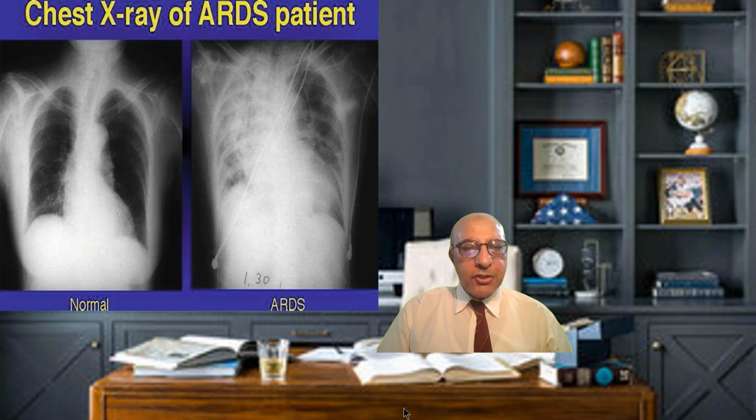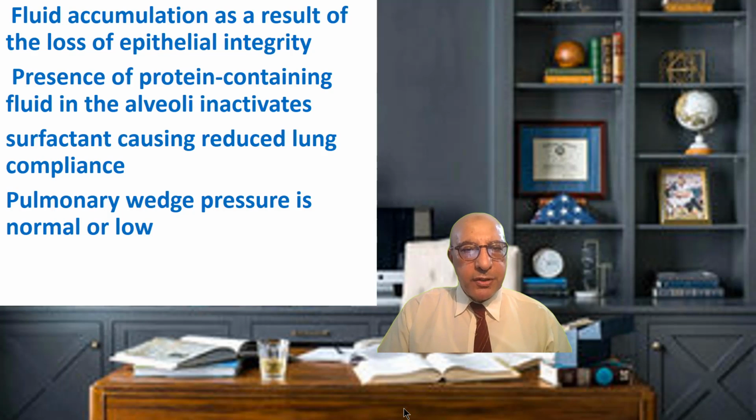Now, fluid accumulation here is a result of the loss of the epithelial integrity of the pulmonary capillaries. In addition to the fluid, there is excess protein in the fluid in the alveoli, which inactivates surfactant, the substance responsible for decreasing surface tension in the alveoli. This results in reduced lung compliance. Elasticity of the lung is decreased, making it more rigid.